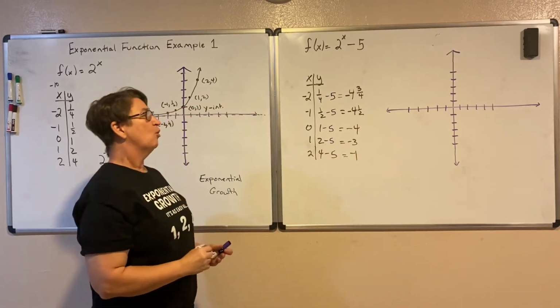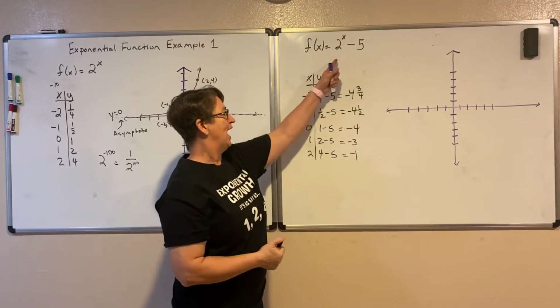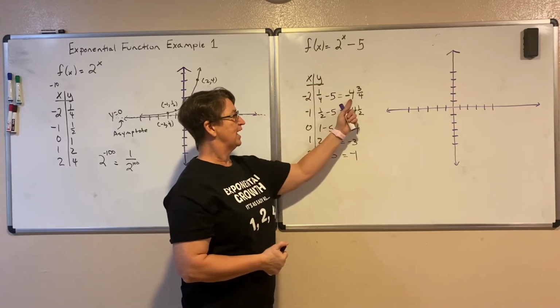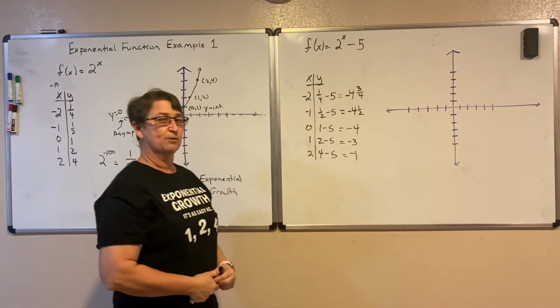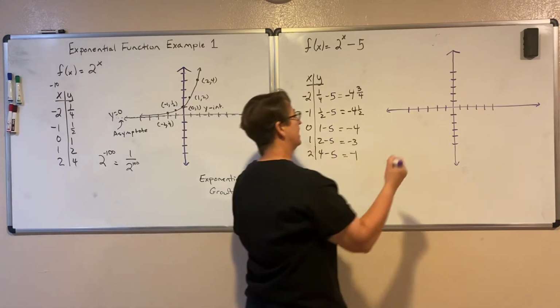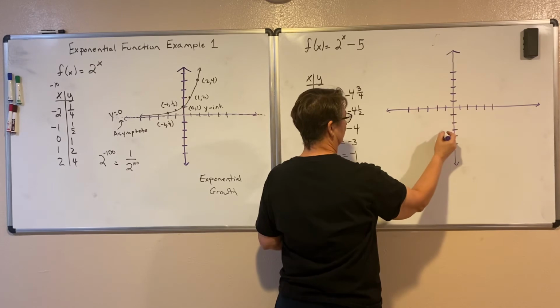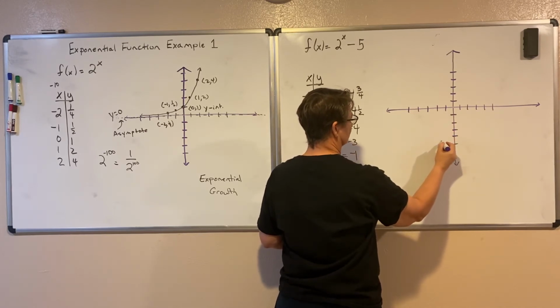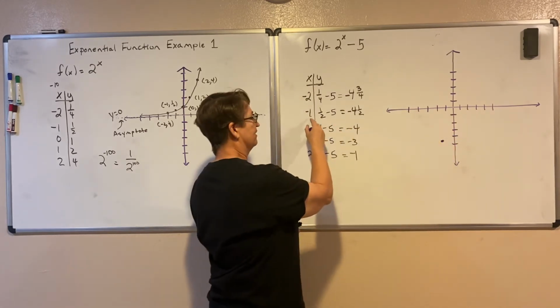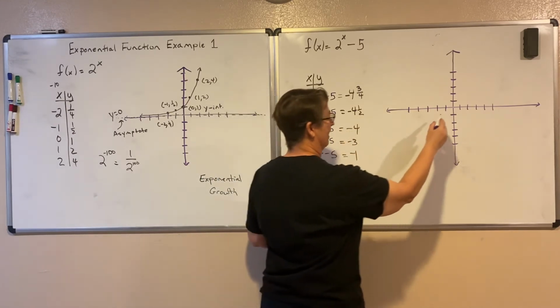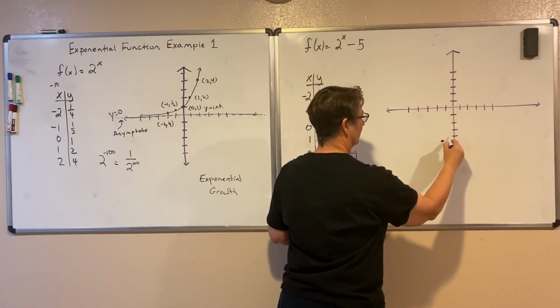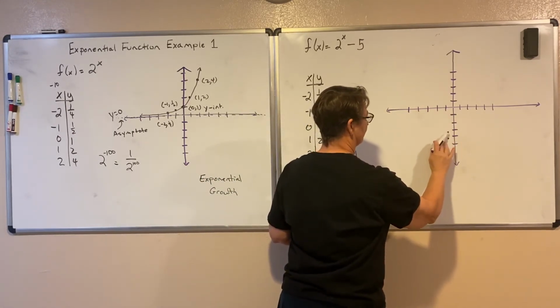So I'm going to have points on this particular graph at (-2, -4 3/4). So let me put that one on there first. At (-2, -4 3/4). At (-1, -4 1/2). So -4 1/2.